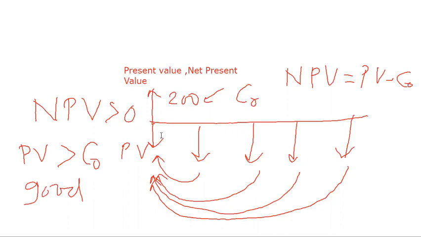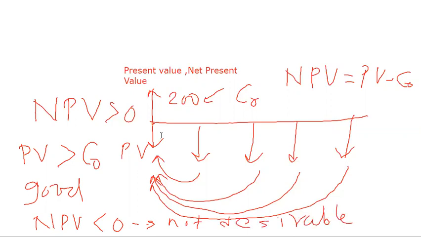But if the net present value is negative, it means that whatever investment you have put is not recovered. So this is not desirable. If the net present value is positive, it is desirable. If it is negative, it is not desirable.